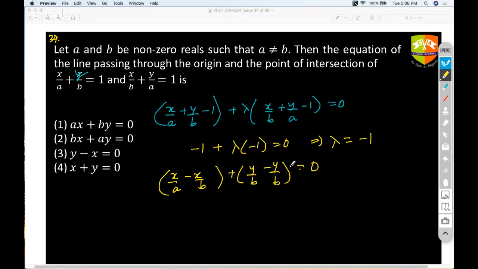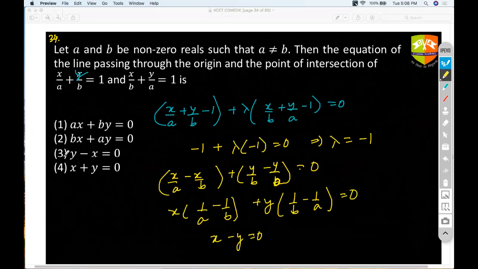Equal to 0, which is x times (1 by a minus 1 by b) plus y times (1 by b minus 1 by a) is going to be 0. So x minus y is going to be 0, which is going to be option number 3. That's correct.